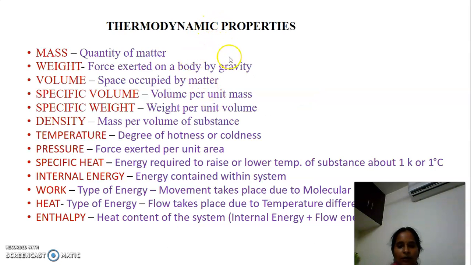Now, thermodynamic properties. The place where we are concentrating is the system. Other than the system is considered the surrounding, and the boundary separates the system and the surroundings. Now, what would be the properties of the substance you are considering? Mass is the quantity of matter, measured in kgs.